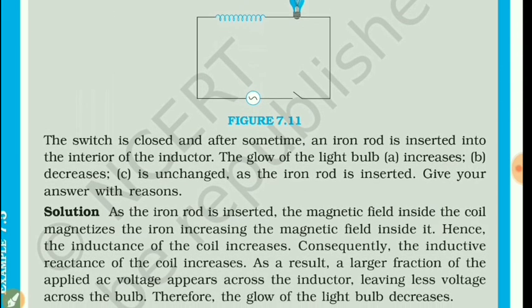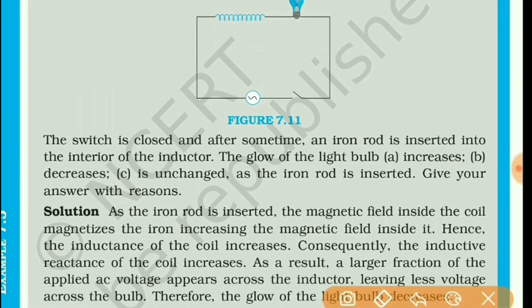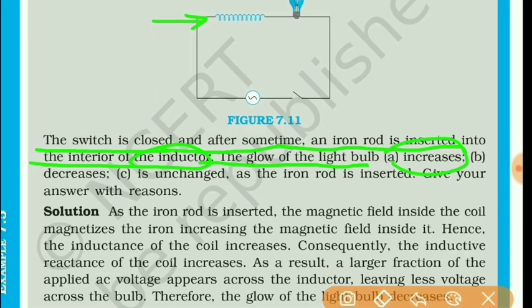And what we have to find here? It is given that when the switch is closed and after some time an iron rod is inserted into the interior of the inductor, means an iron rod is introduced inside this inductor, the glow of the light bulb will increase or decrease, or will it remain the same? That we have to answer.